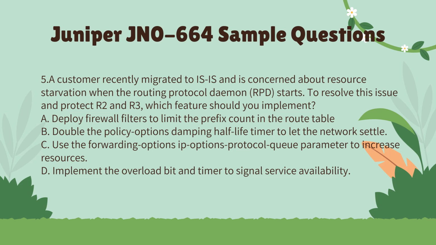B. Double the policy-options damping half-life timer to let the network settle. C. Use the forwarding-options ip-options protocol queue parameter to increase resources. D. Implement the overload bit and timer to signal service availability.